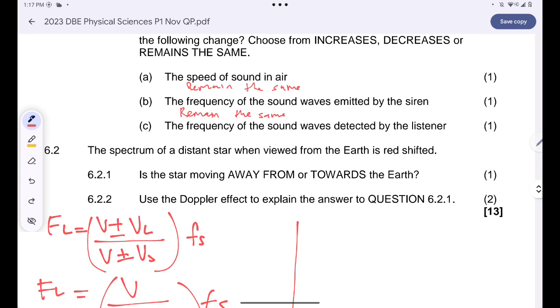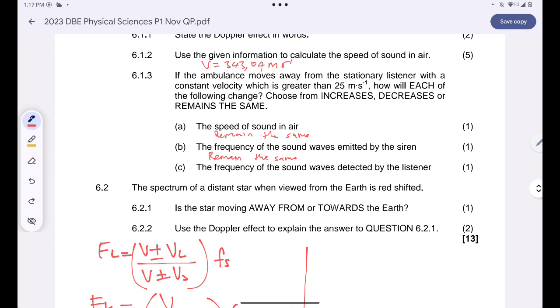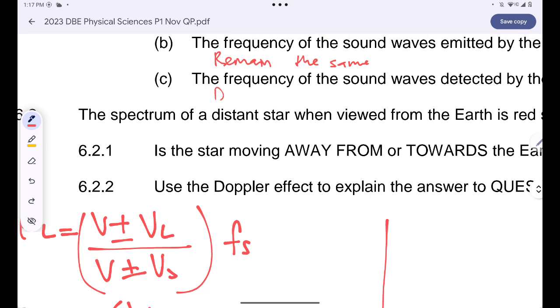And then the frequency of the sound waves detected by the listener. Since the velocity of the source will be higher, it simply means that the source will be moving faster away from the listener. So that simply means that the listener will detect a lower frequency. So here we'll simply write decrease.